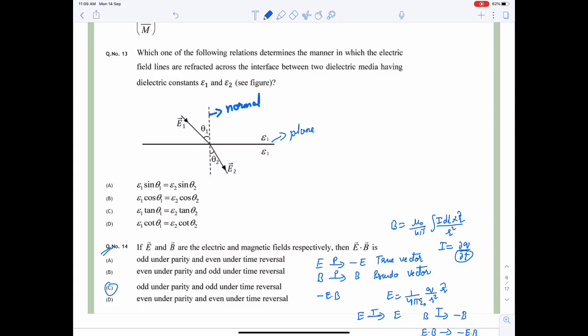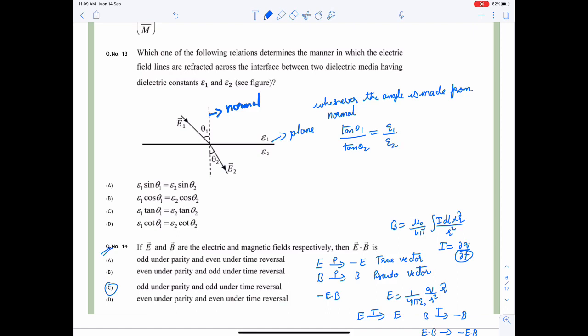Whenever the angle is made from the normal, the formula is tan theta 1 upon tan theta 2 is equal to epsilon 1 upon epsilon 2.